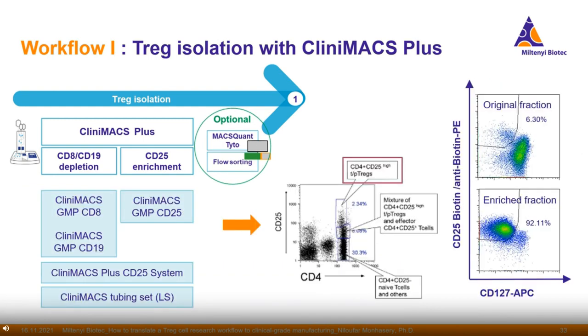As I've already mentioned, with CliniMACS Plus you can deplete CD8 and CD19 cells and also enrich CD25 cells, and we have all the reagents in GMP grade. Afterwards, it can be followed by cell sorting to get a higher purity. In these graphs, you can see that you can reach over 92% purity of target cells, CD25 positive, CD127 dim.